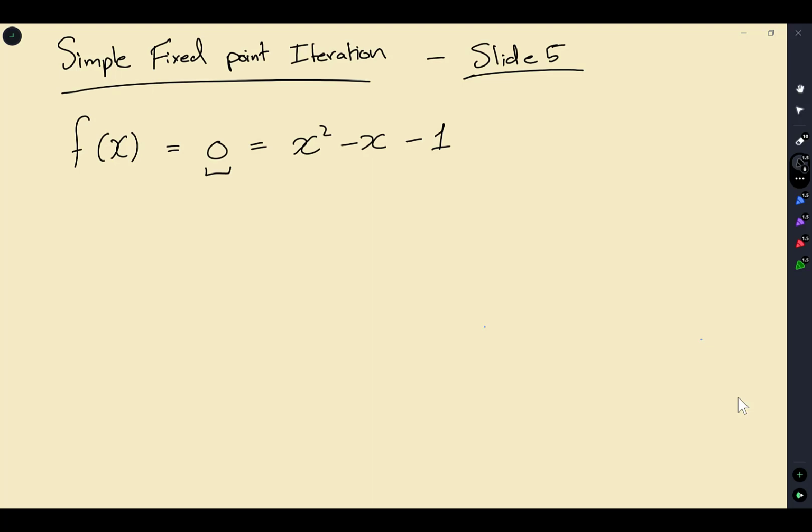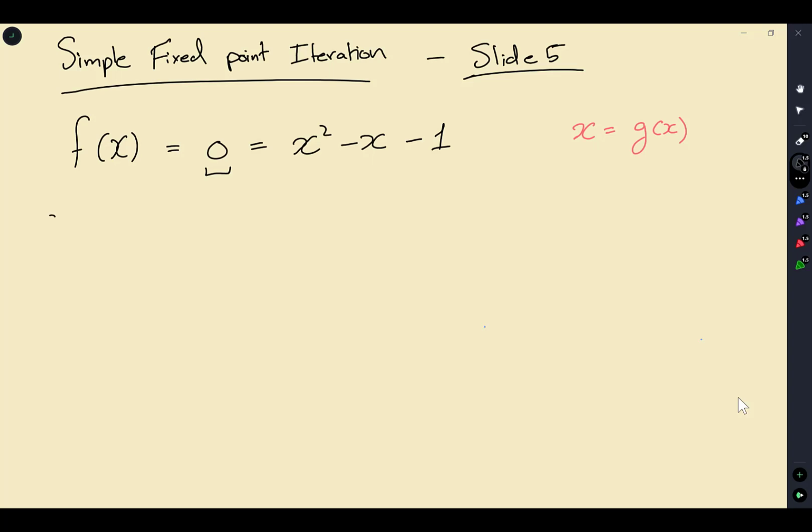So now our goal is to rearrange this equation to get, if you remember, x equals g of x, and then we need to iterate that. So we need to isolate x to one side, and we have many options to do this. We're going to try multiple options and show you what happens.